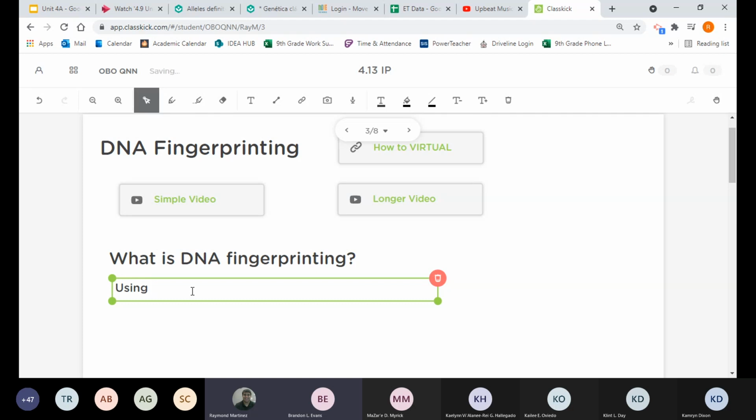Yeah, using DNA evidence, using DNA, actually that's not evidence, let's say using DNA, actually no, I think there's probably a better definition out there. Does somebody think they can give me a pretty good definition of what DNA fingerprinting is?